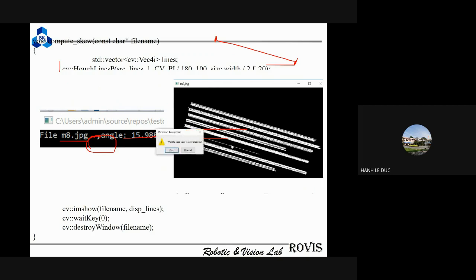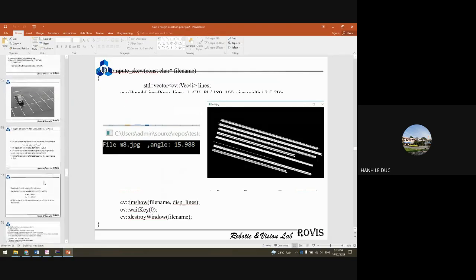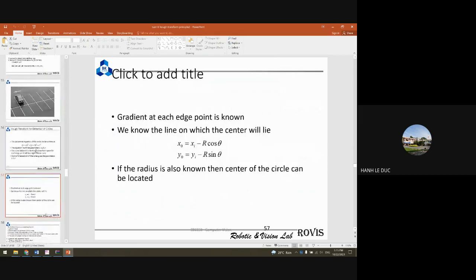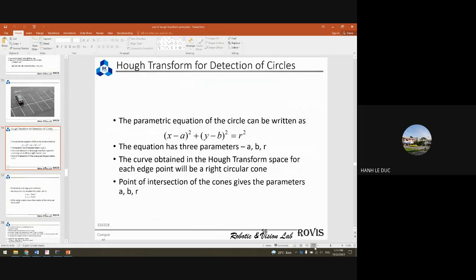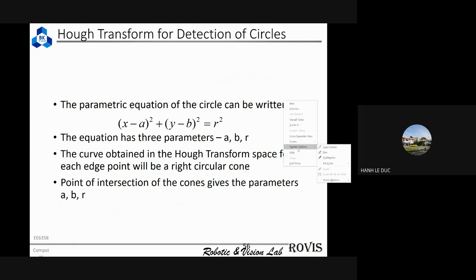Okay, so let's go to another one. We go to the HoughCircles. In the HoughCircles, the procedure is similar to the HoughLines. In the circle, we have the equation like this.